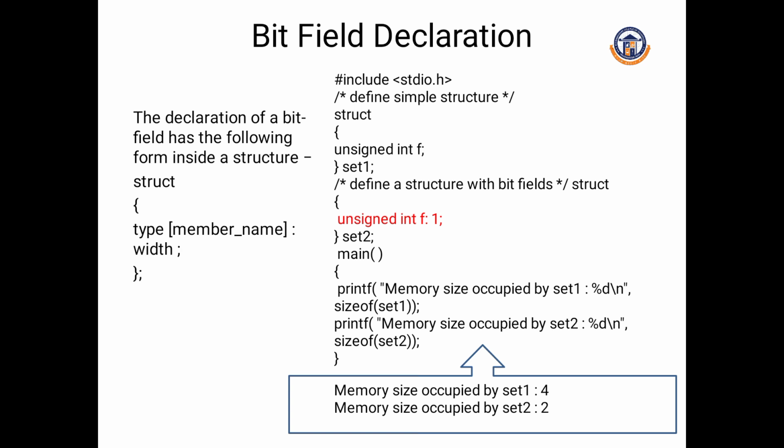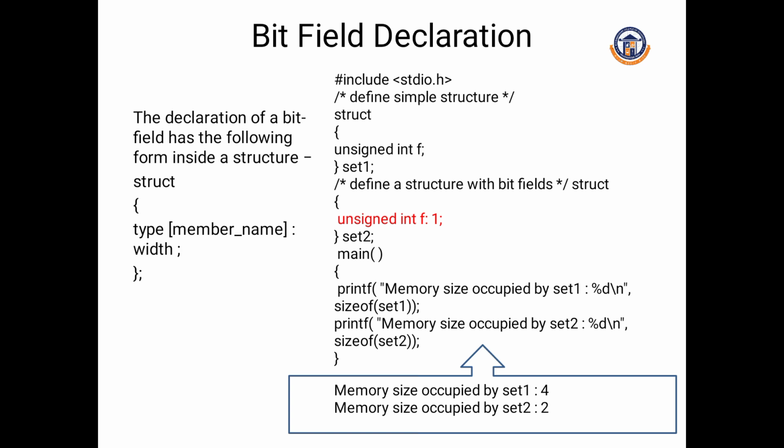As usual, I have included stdio.h, and I have first declared without the width. So struct set1 with an unsigned int f variable. Next I have defined with bit fields.